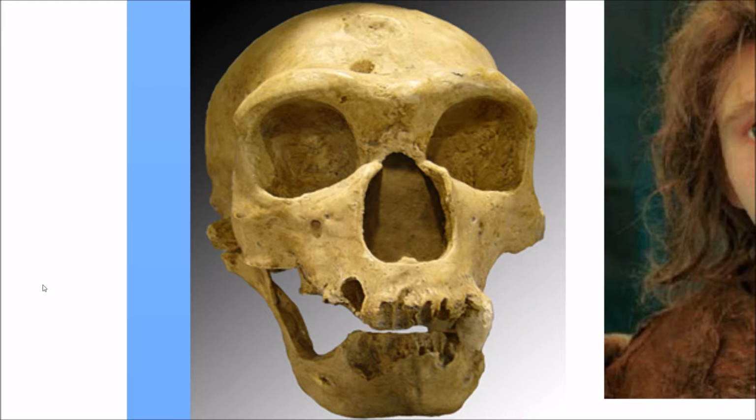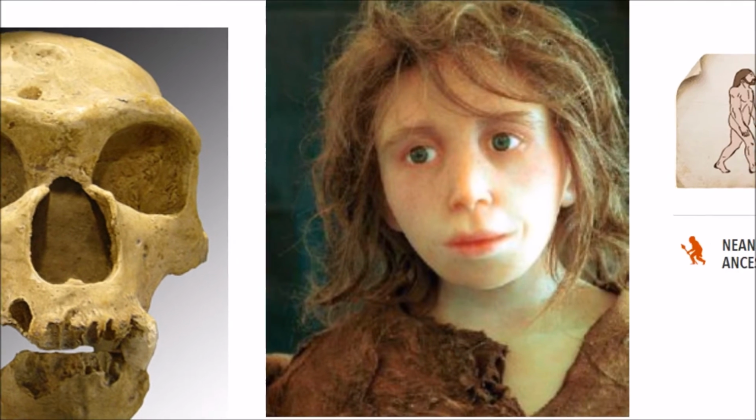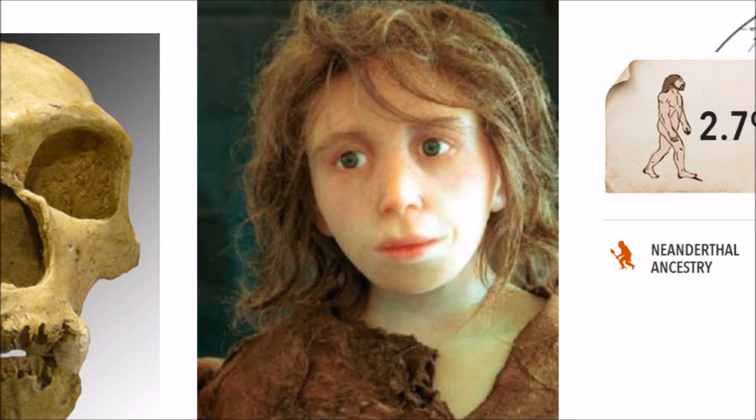But when we're talking about complete skulls like this, it turns out that we're looking at the same sort of thing. So this is our currently up-to-date, as of, I think this is like 2008, model of what a Neanderthal would look like. And I would say that if you ran across this person and they weren't wearing leathers, you would have a hard time telling the difference between this and a quote-unquote modern human.